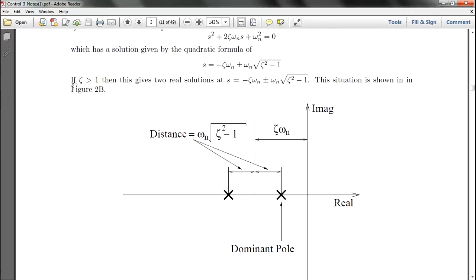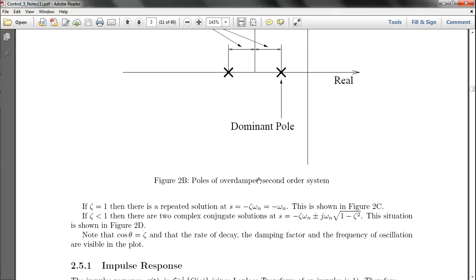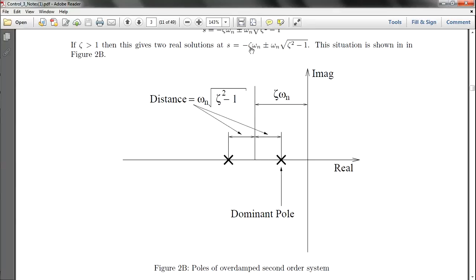If the damping factor is above 1, your value of s on this real axis depends on whatever you sub in over here. If it's equal to 1, since the equation states this, this part will become 0, and therefore this will become minus omega n.